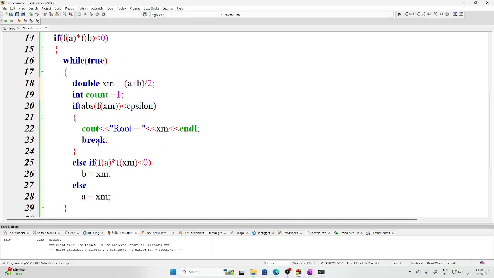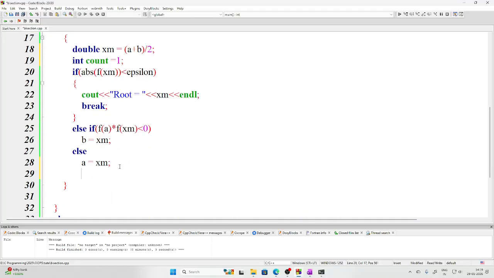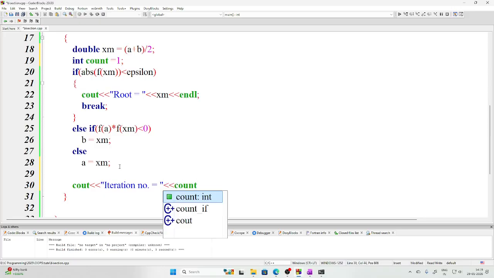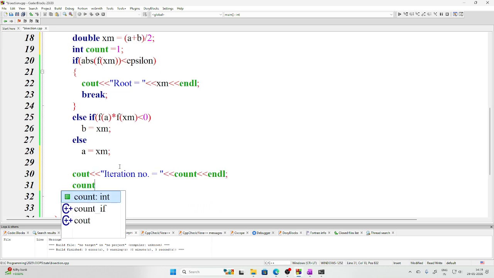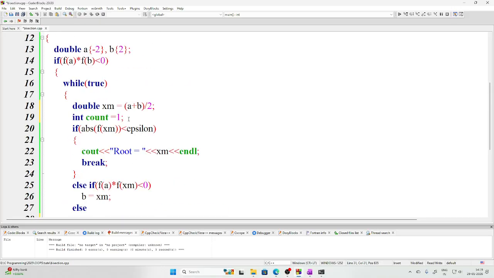So once this iteration is over, I should first print the iteration number, which is equal to count, and then increase this counter by 1.